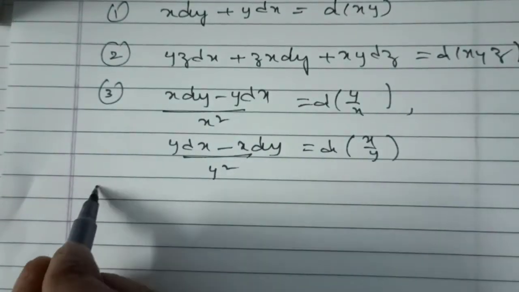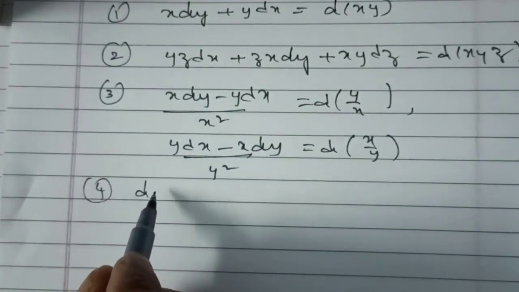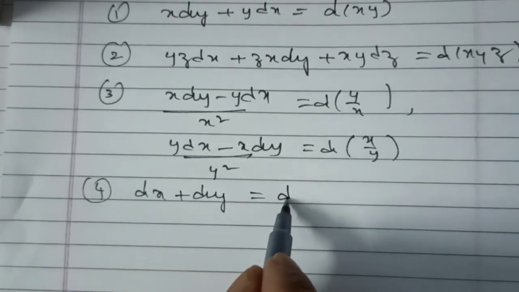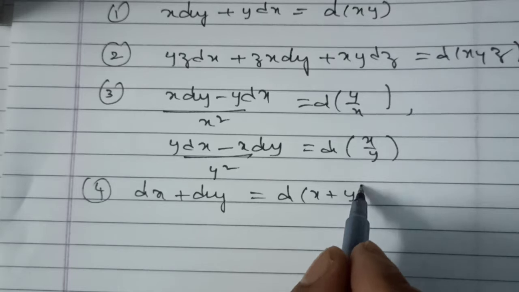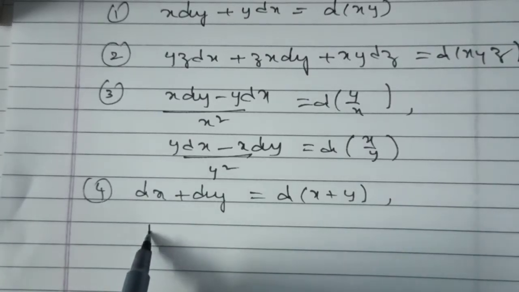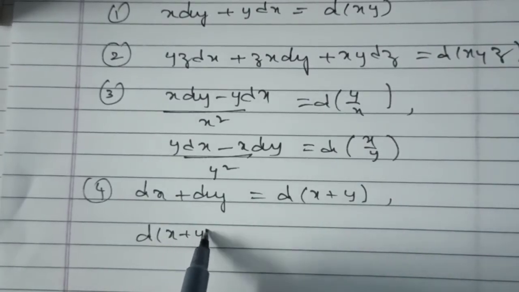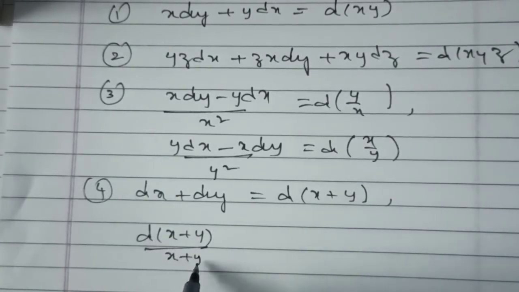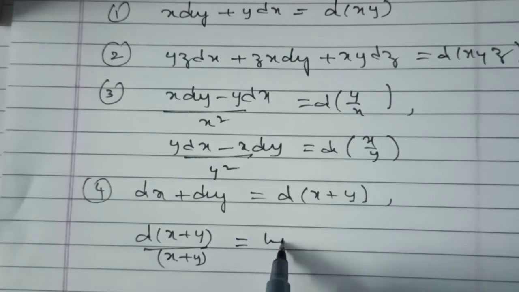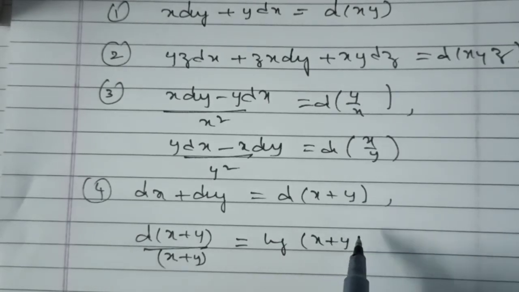Next, fourth one, dx plus dy is equal to d of x plus y, and d of x plus y divided by x plus y is equal to log of x plus y. Then we integrate.